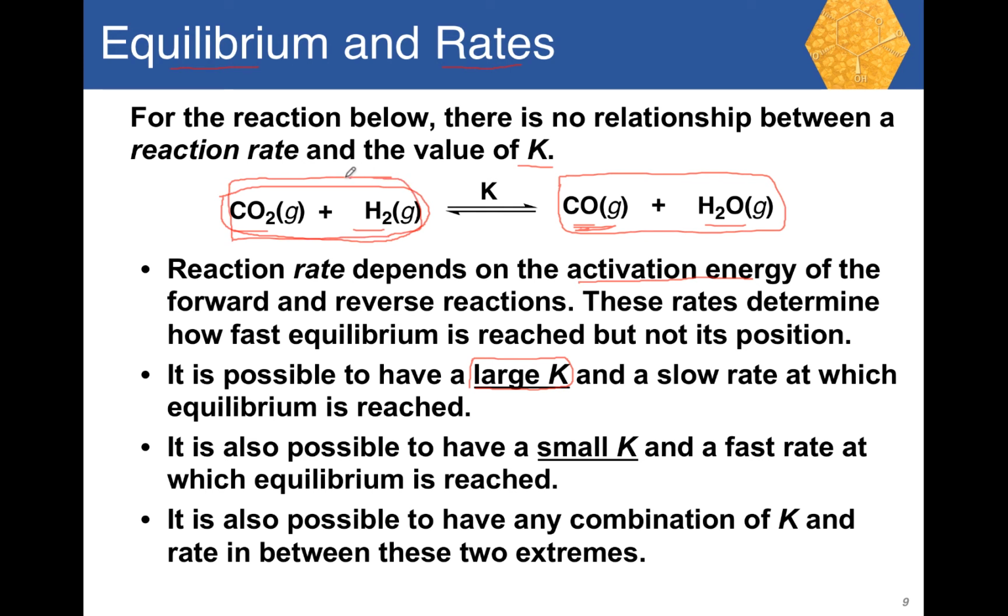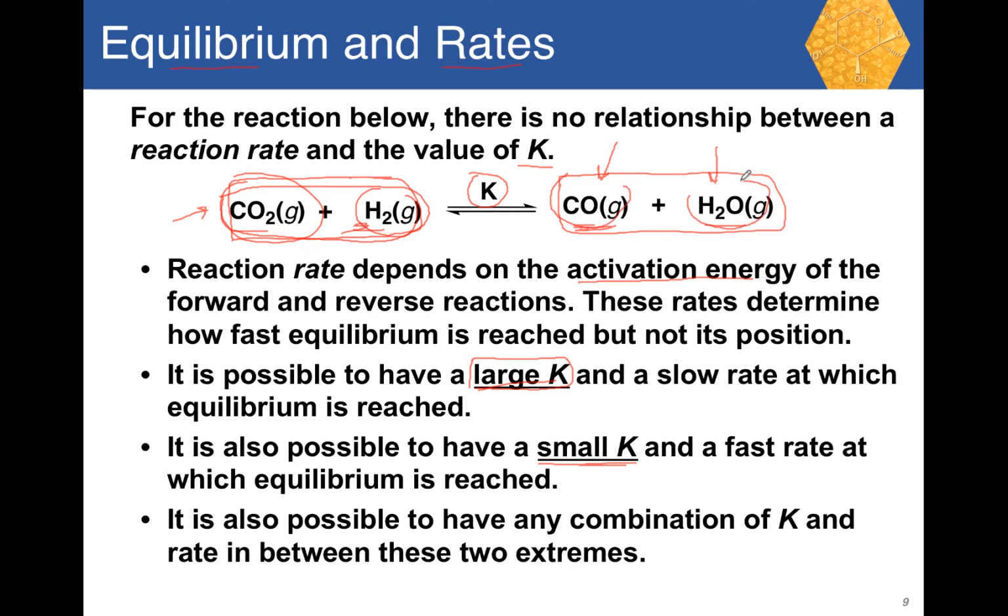So once again, a reaction with a very large K means that the concentration of the products at equilibrium is very large compared to the concentration of the reactant. That's a large K. If there's a small K, that means that the concentration of the reactant molecules at equilibrium is much larger compared to the product molecules.